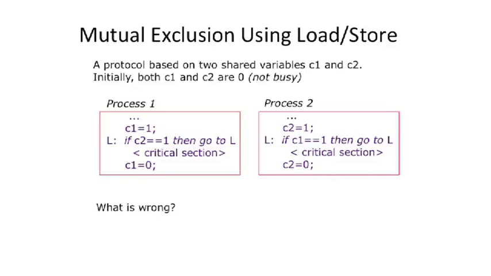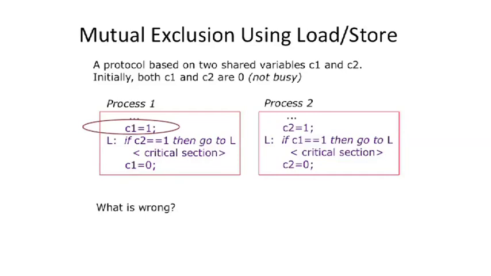So in this simple case, one way we can think about doing this is, process 1 sets its variable to 1. Then it checks to see if the other process has written its lock variable.